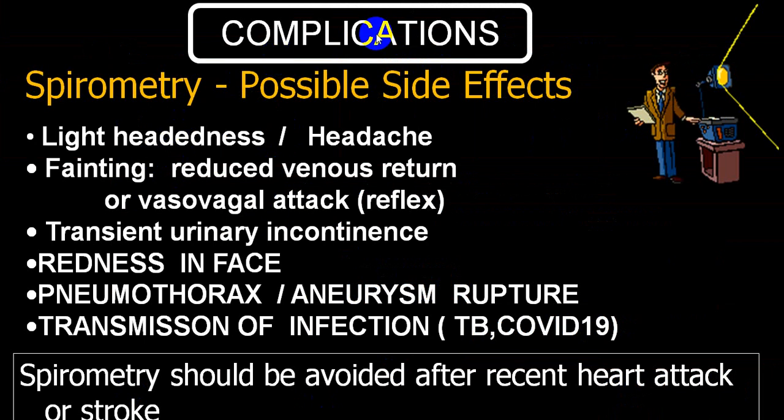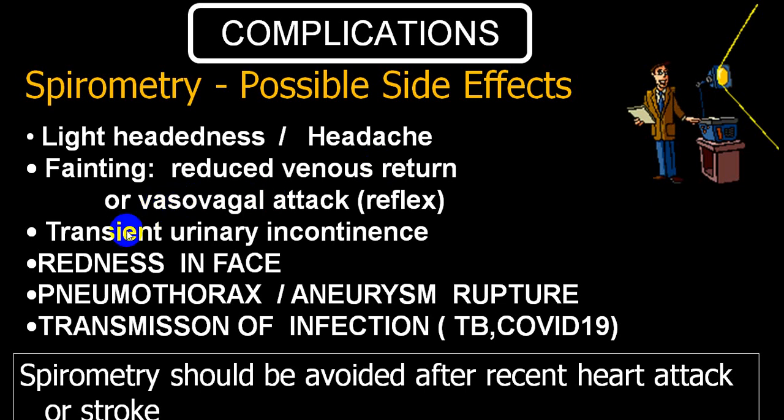Commonest complications of peak flow, or what we call PFT, that is spirometry. While doing the test, a person can get a light headache, some persons can get a severe headache. Occasionally a person can have a fainting episode, we call it vasovagal episode, because of reduced venous return.